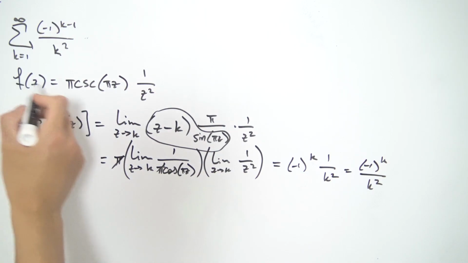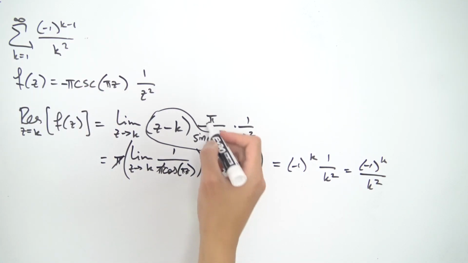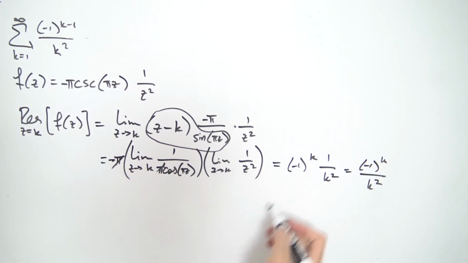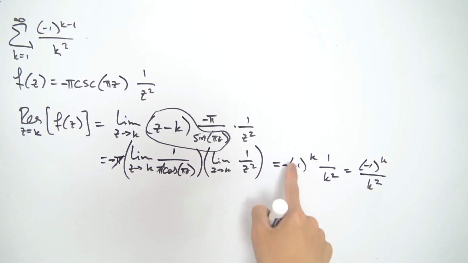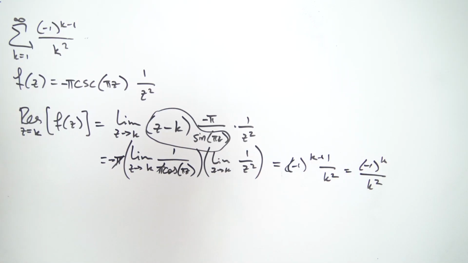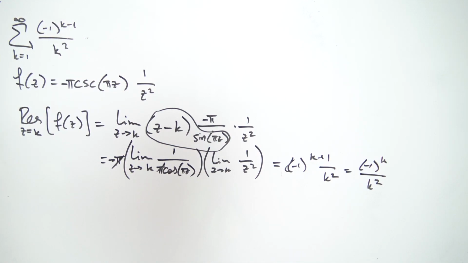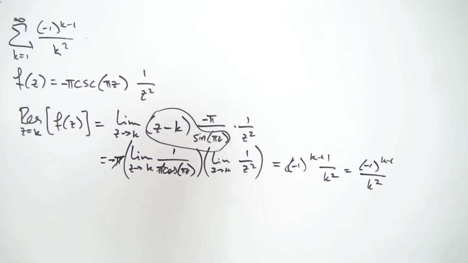So if we multiply a negative 1 inside of our function, so let's chuck a negative in right there, then we're going to get a negative here, and then let's say a negative out the front, and then another negative, and you see negative 1 times minus 1 to the k, that's really the same thing as minus 1 to the k minus 1. So instead of choosing f of z just to be the thing without the negative, we're just going to place the negative there in order for the final result to match up with what we have inside of the sum.